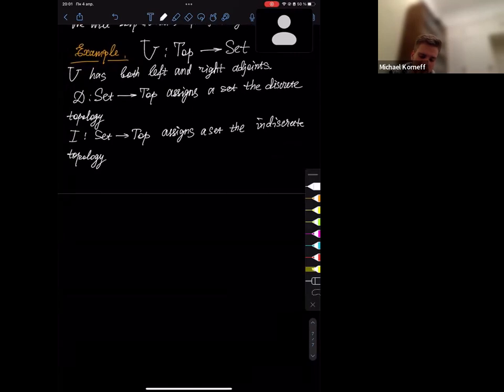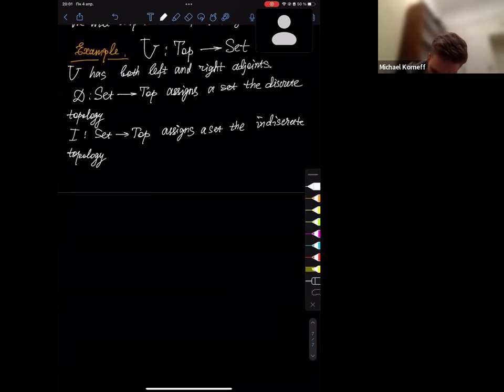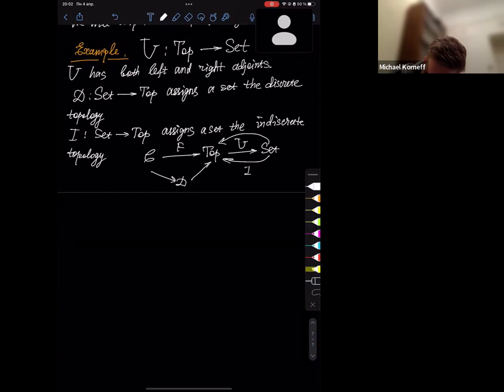Okay, and we now have the following diagram. Top to Set. We have adjoints I and D, these are Kan extensions, two Kan extensions.